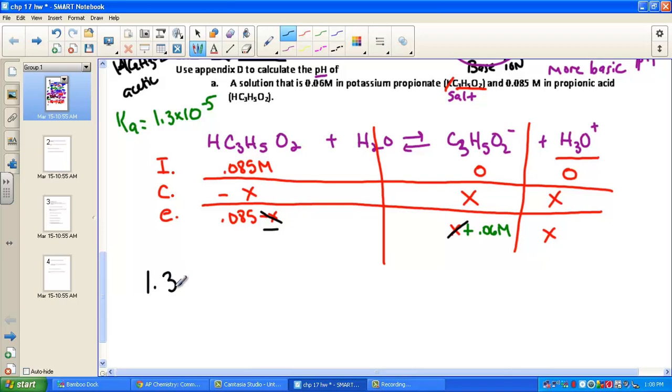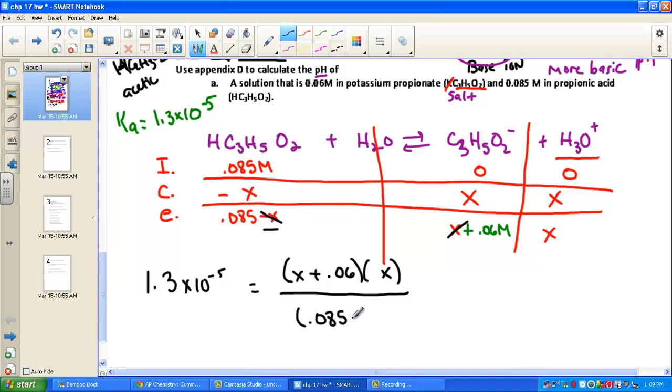Now typically, let me just set this up. Ka would be equal to x plus 0.06 times x, the value of our two products, set over 0.085 minus x.